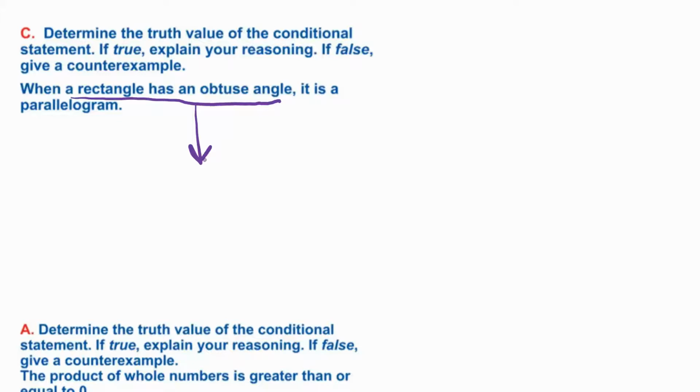They have 4 right angles. So this can never happen. So the truth value of the statement is true by logic. I know that it's a false hypothesis, but the whole entire statement is true. So the way I want you to think about it is if the hypothesis can never happen, then it's a true statement.